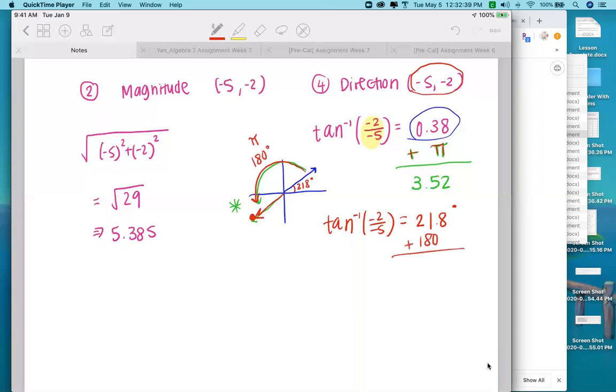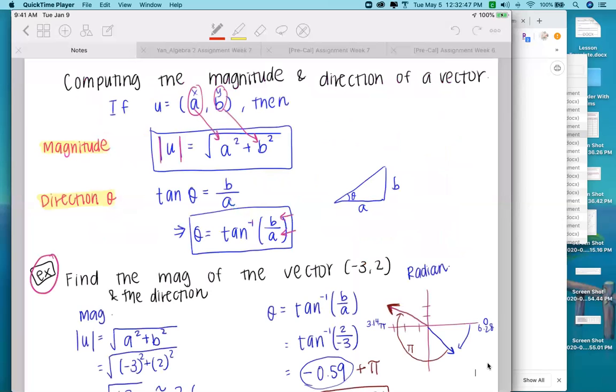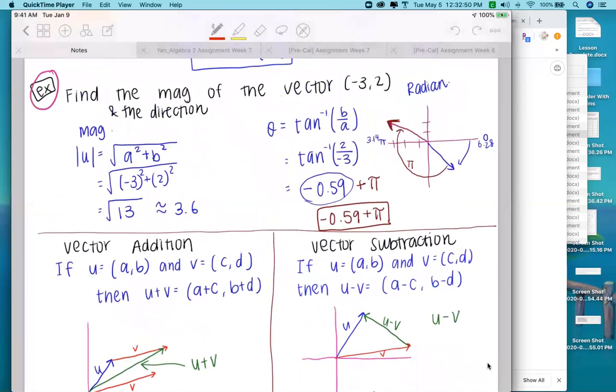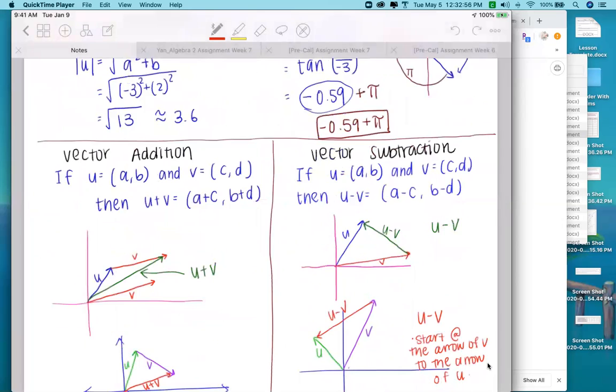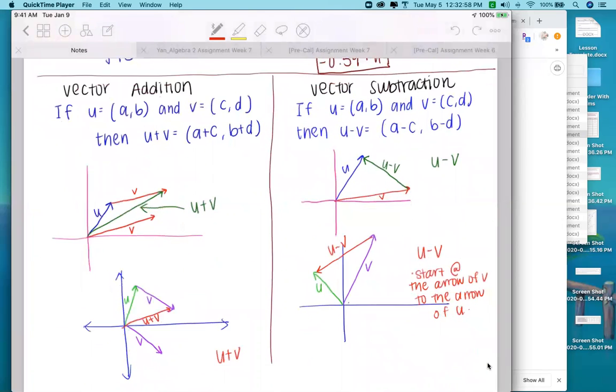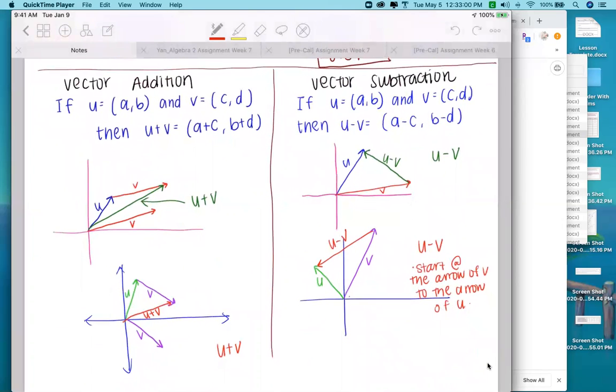Okay, so that's it for 2 and 4. Let's look at the rest of the notes real quick. I'm going to go over vector addition and vector subtraction.